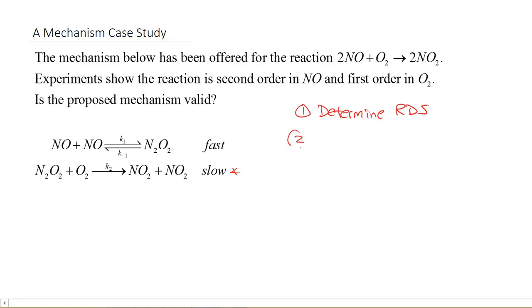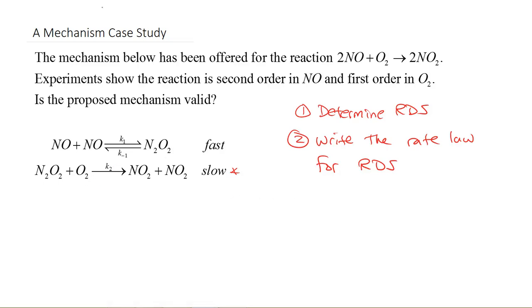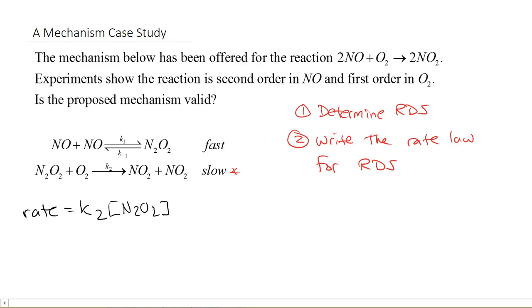The second thing is we can immediately write down the rate law for that step. So for this particular case, the rate law is going to be rate is equal to K2, because it's the second step, times N2O2 to the first power. Why?